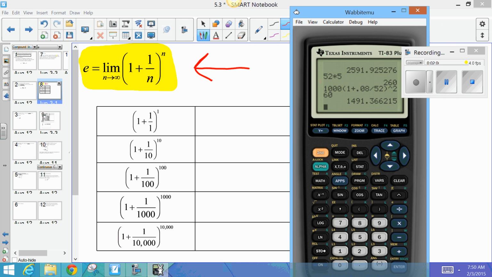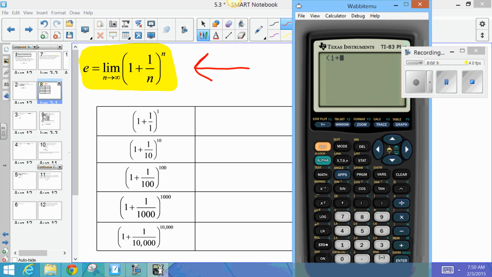So here's my calculator. I'm just going to go, first of all, 1 plus 1 over 1, to the power of 1. And that gives me 2.